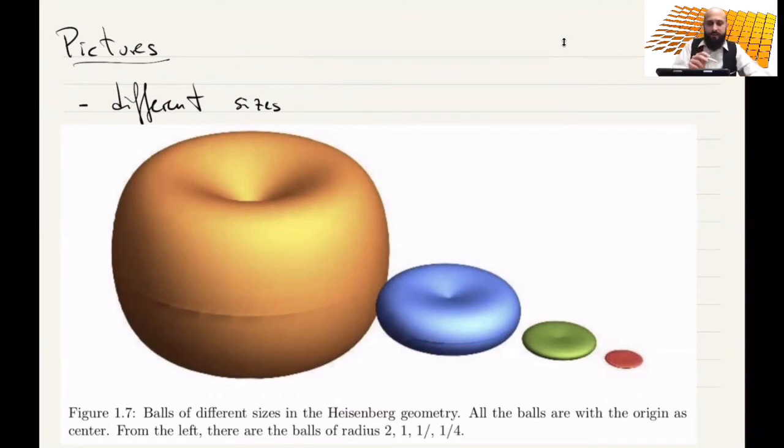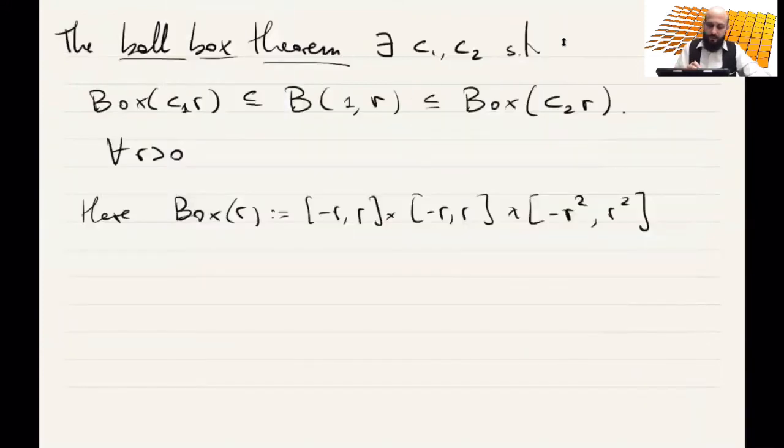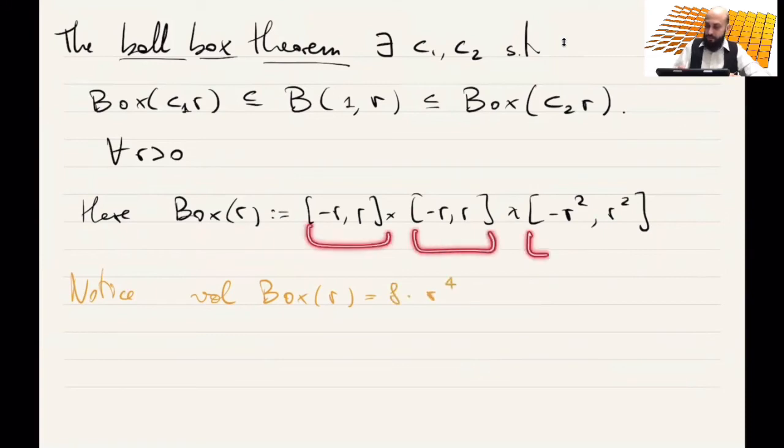Now what does this tell us about the volume? What's clear is that the volume of this box is this length times this length times this length. I notice that the volume of the box of radius r is a constant, probably 8, times r to the fourth, so it's 2r times 2r times 2r squared. So this box behaves as r to the fourth.